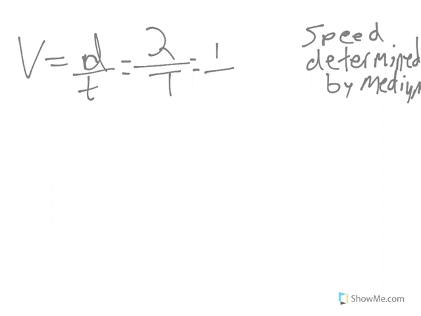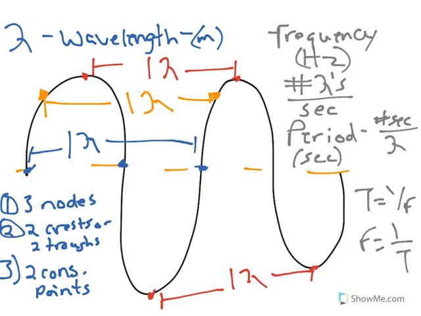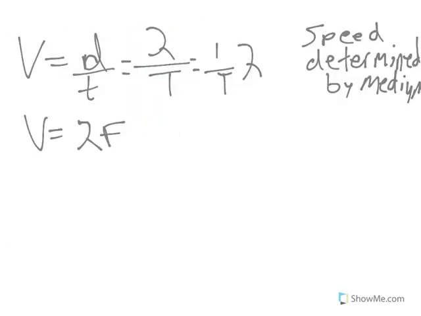But we learned that 1 over the period is equal to the frequency. So we're going to write this as velocity is equal to lambda f. So you'll need to know this formula.